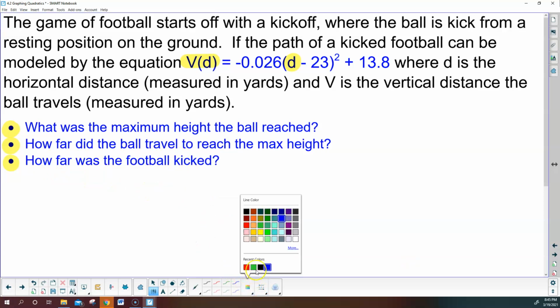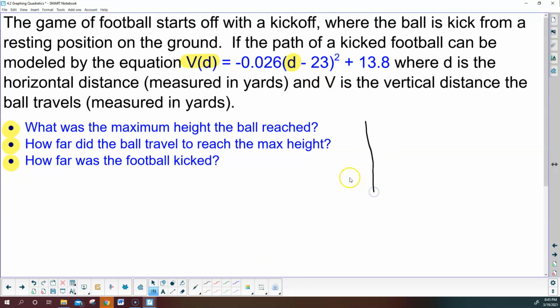So to answer this problem, thinking of this graphically could make this way, way faster. So let's do a very poor sketch, but what do we know? Here's A, here's H, and here's K. So I automatically know the vertex of the path of this football is opposite of what it reads.